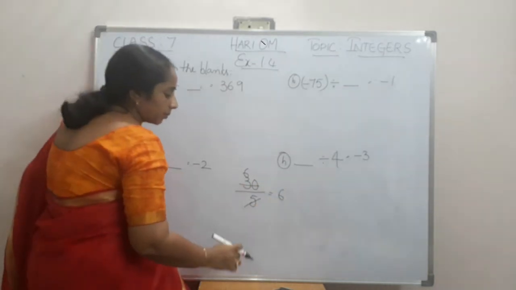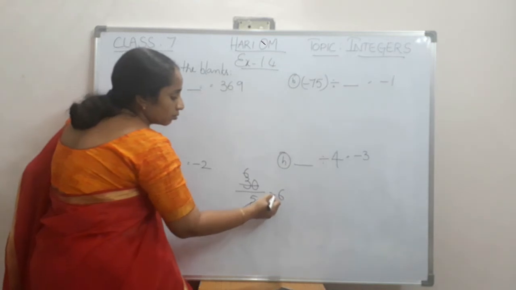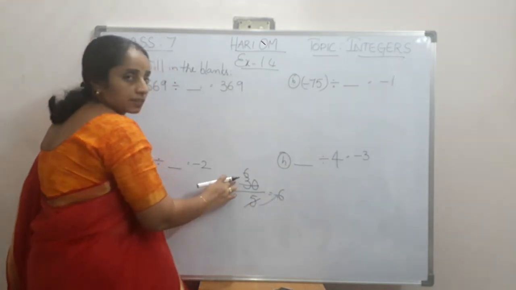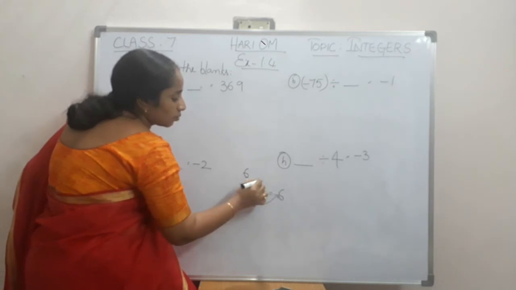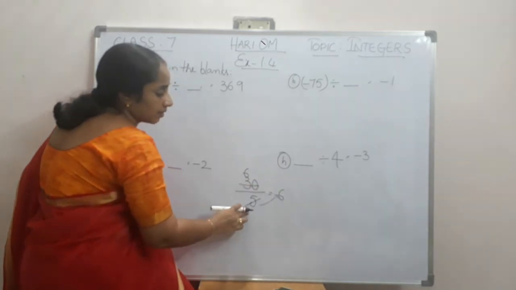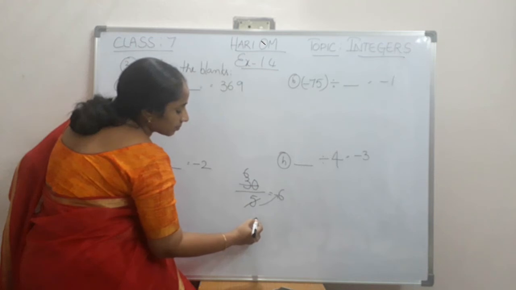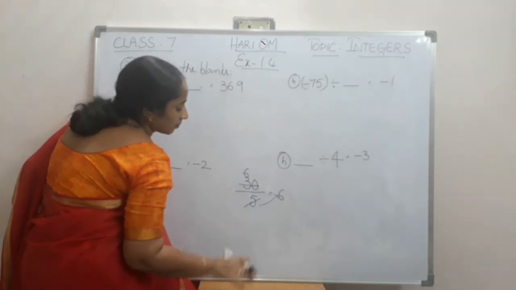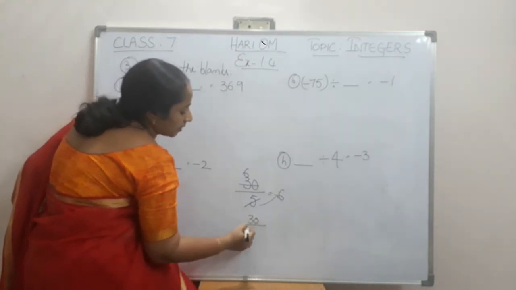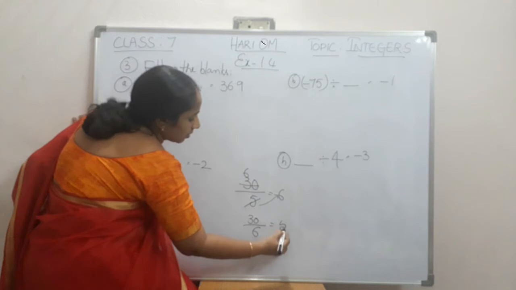By multiplying these two we get 30, and by dividing these two we also get this one. That means 30 divided by 6 is equal to 5.